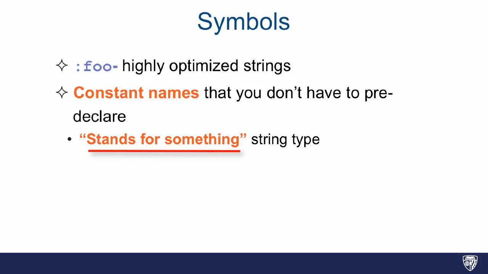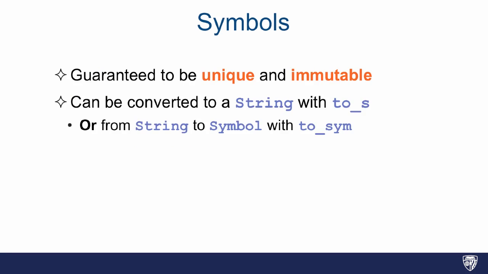Think of it like a flag. It's just an indication that you want something to happen, but you don't really care what the exact string is, or if it's uppercase or lowercase. That's not really the point of a symbol. And we'll see how they are used. Symbols are guaranteed to be unique and immutable.